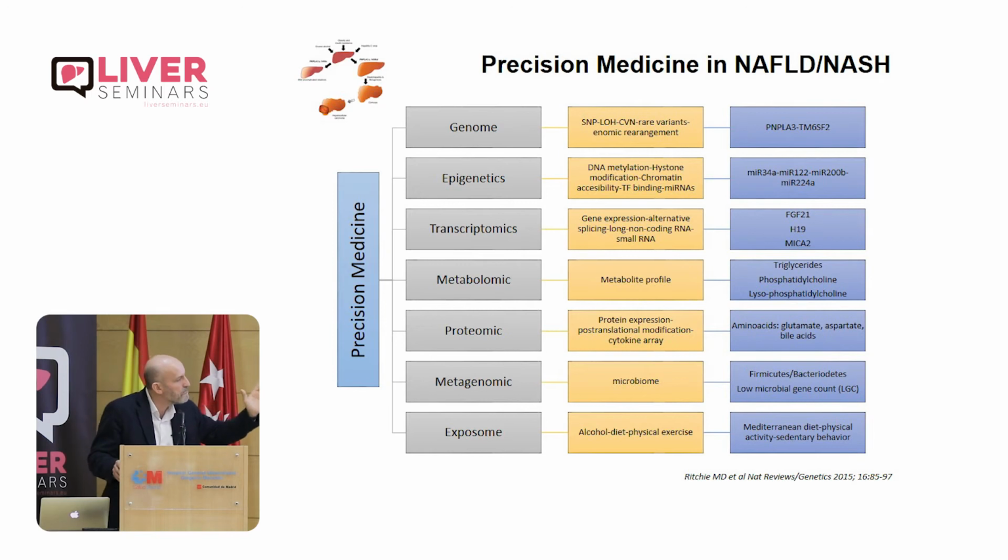We analyze many parameters, but at the end of the day we did not reach any specific marker able to be implemented in clinical practice. PNPLA3 is strongly related with NAFLD-NASH, but the odds ratio is 1.5. We cannot segregate the general population according to the genetic background in which we need to screen or not the disease.